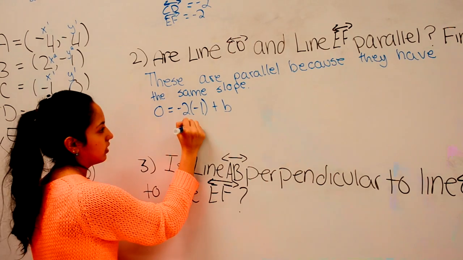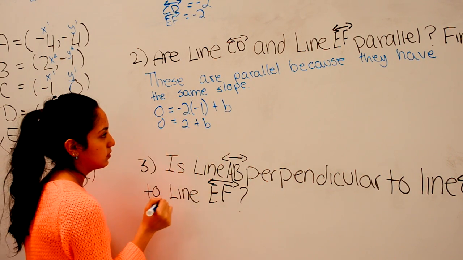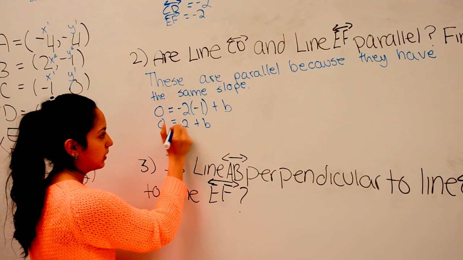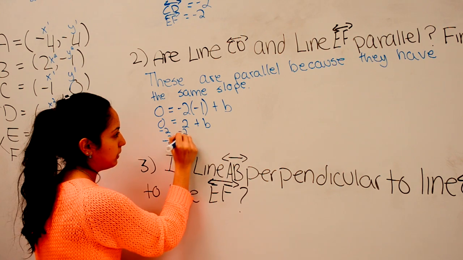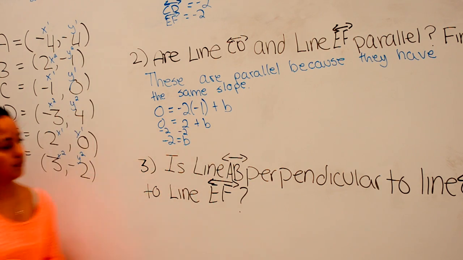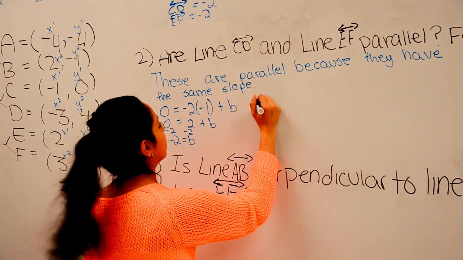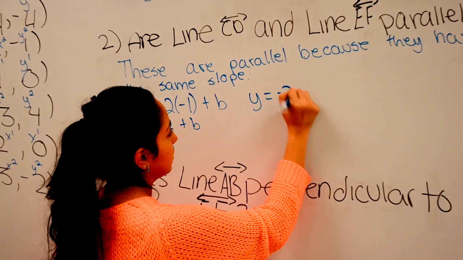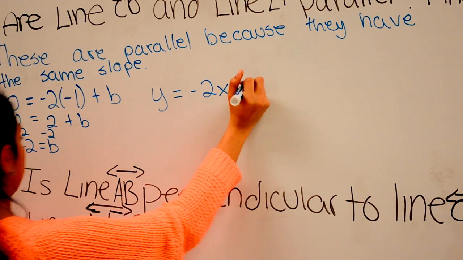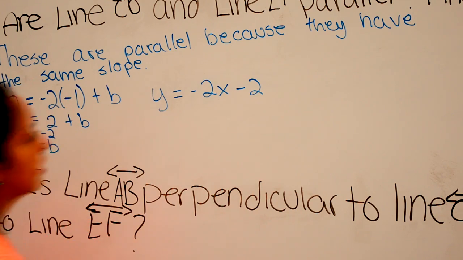So this would be 2 equals 0 plus b. And to make this true, we have to make b be -2. So the whole equation for CD would be y equals -2x minus 2.